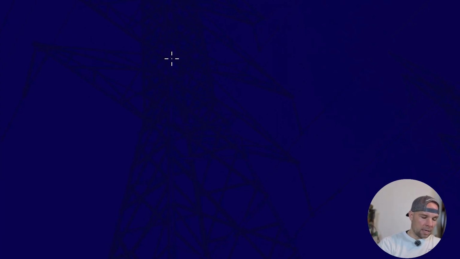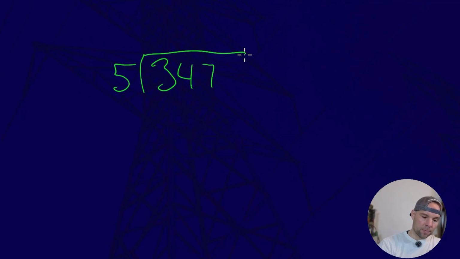All right, so for an example, if you want to divide 347 by 5, you're going to line them up with this being the dividend, and this is the divisor. You're going to start with the leftmost digit of the dividend. So 5 goes into 3 how many times? 0.